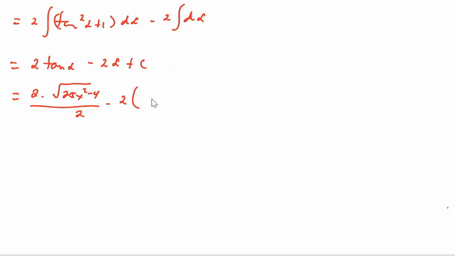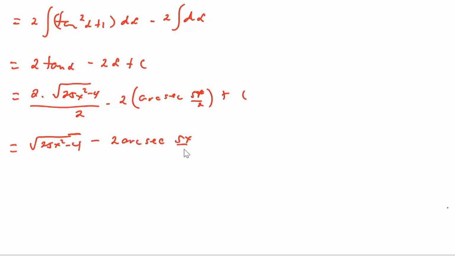We have arc secant of 5x over 2 and then plus a constant. So simplifying further, so 2 here and 2 will be cancelled. So I can write now the square root of 25x squared minus 4 minus 2 arc secant of 5x over 2 plus a constant.